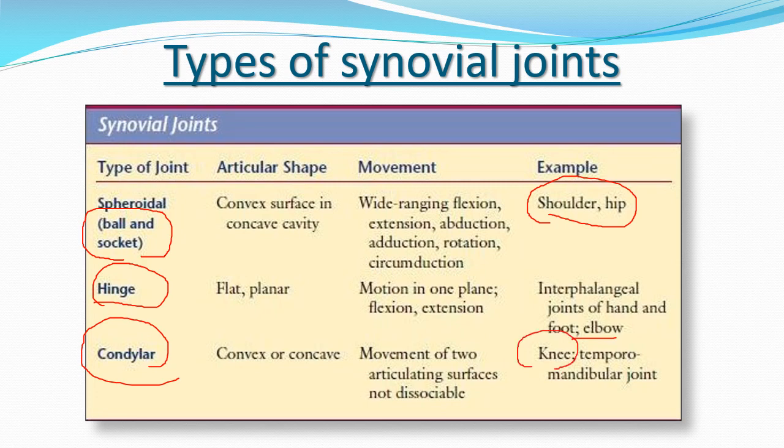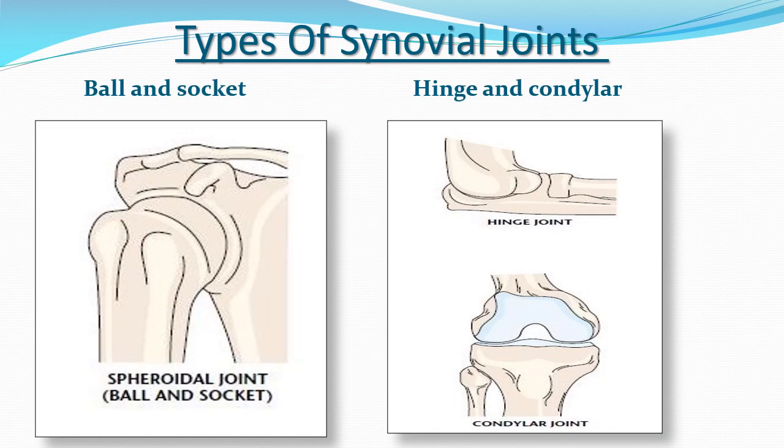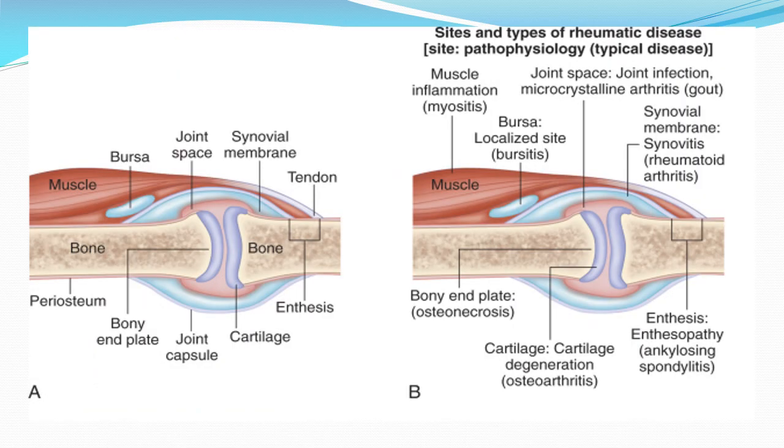So the subtypes of the synovial joints are ball and socket, hinge, and condylar. This diagram represents the ball and socket, and we can see clearly the shoulder joint, and this is the hinge joint, the elbow joint, and finally we have the condylar joint. A classic example for the condylar category is the knee joint.